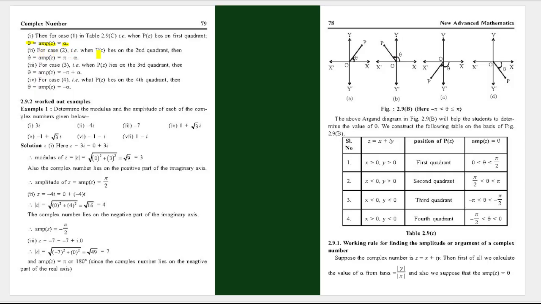For case 2, if it lies in the second quadrant, then it will be pi minus alpha. Third quadrant, minus pi plus alpha. You note it down in your copy. And if it lies in the fourth quadrant, then it is minus alpha.